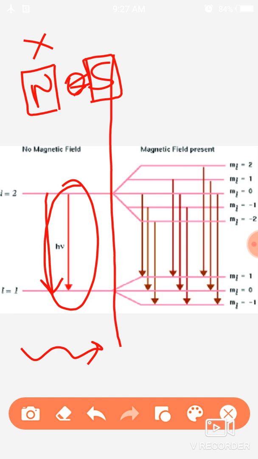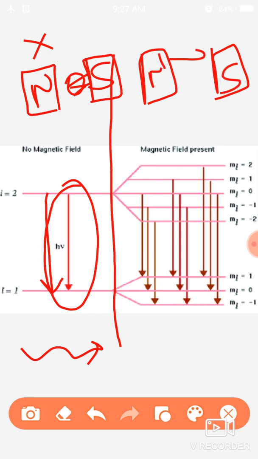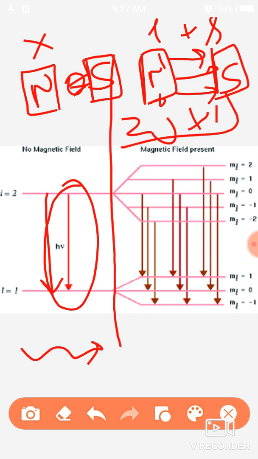But when a magnetic field is applied, due to the interaction of the magnetic field with the spin of electrons and their orbital angular momentum L and S, each energy level is split further into 2J plus 1 configurations.